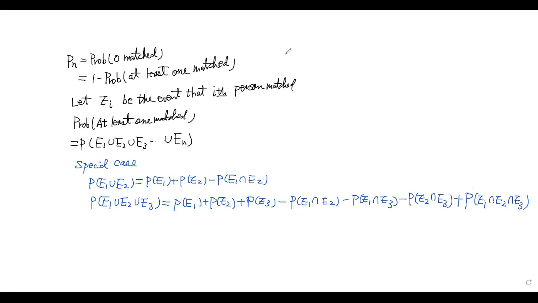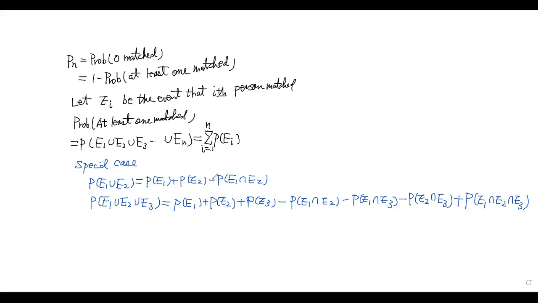So from the previous rule, when we first started this union, now we know how to write this from E1 union up to EN. We can rewrite this as the sum for i from 1 to n, where you add each one, P(E_i).